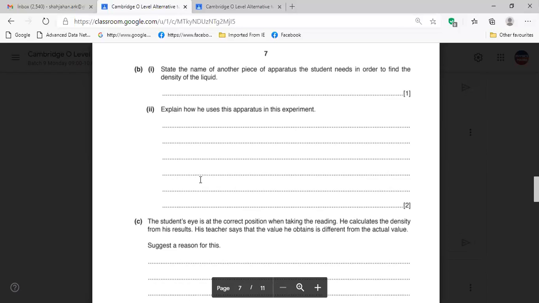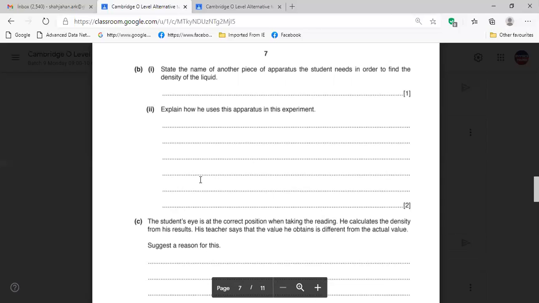Normally, we get the empty cylinder first, then we have water in another place, then we pour the water. That time we do the way you first told. But in this context, we already have the water in the measuring cylinder. So first you measure the mass with water. Is it clear? Yes, sir.